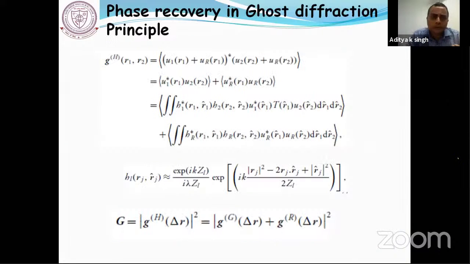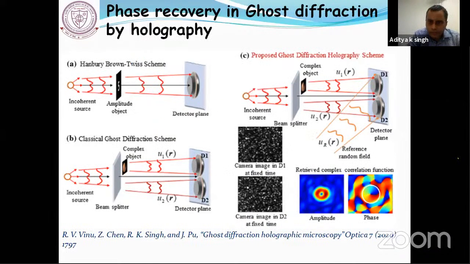Okay, so what is the basic principle? How do we explain the formation of the fringes in the intensity correlation? When we consider the light propagation from here, we can use a propagation kernel. From the beam splitter we have the object, and light from this object propagates to the camera plane. Similarly, the other light U2 propagates without interacting with the object.